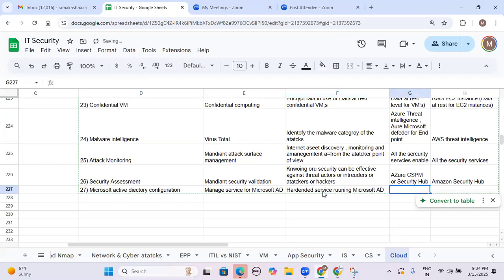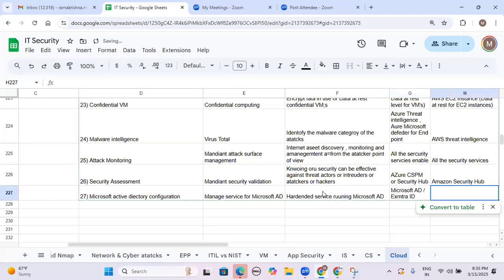So this one, obviously it's a Microsoft product only. So we can use Microsoft Active Directory integration or Entra ID. So most of the cases, Microsoft Active Directory. On the Amazon side, we can call it Amazon Active Directory, the Microsoft provided Active Directory.